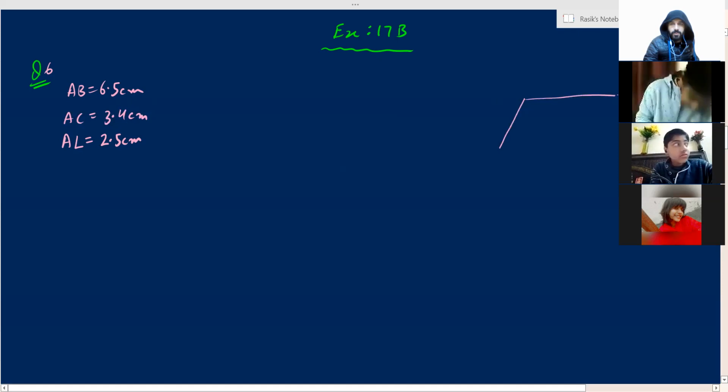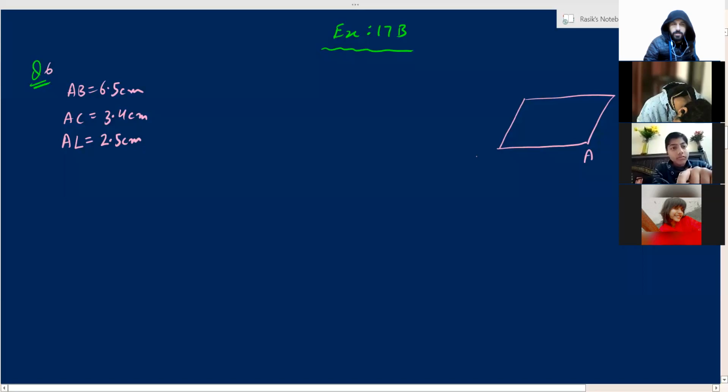So drawing a rough figure again. This time I will be taking A this side and B here, C, D, like this, ABCD. Here AB we will be taking 6.5 centimeters.